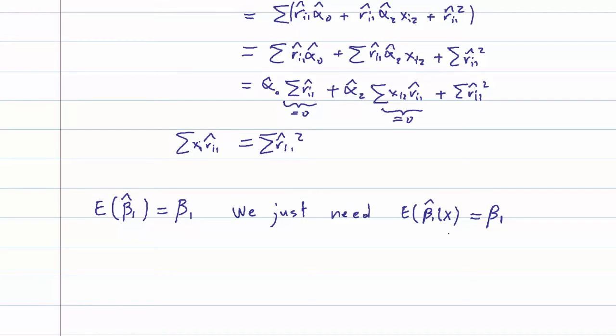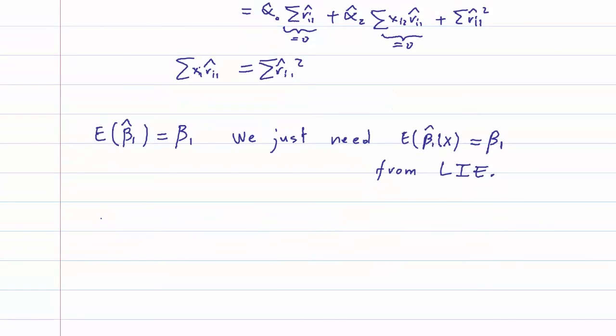Because this implies that the unconditional expectation is equal to beta 1 from the law of iterated expectation. There is a video about the LIE, so just look for it if you don't remember how it works.